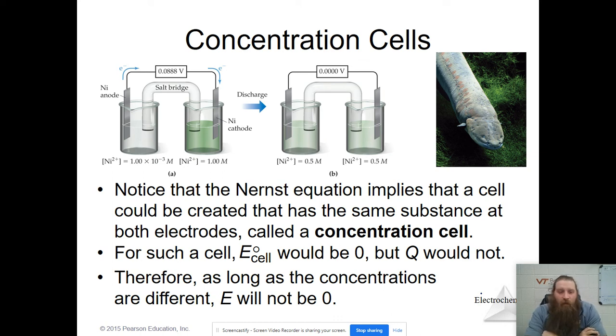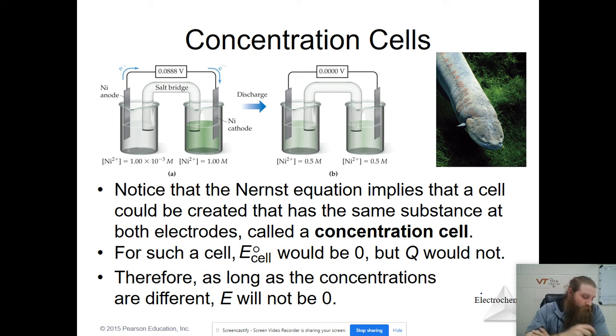We see this in biochemistry primarily. We see it in pH meters. We see it in things like bioelectricity, like the eel here, things that are living that can conduct electricity. We see it in the pacemaking cells that run your heart. It's a pretty common thing in biochemistry. Basically, by varying the concentrations between the two cells, you get the flow of electrons.